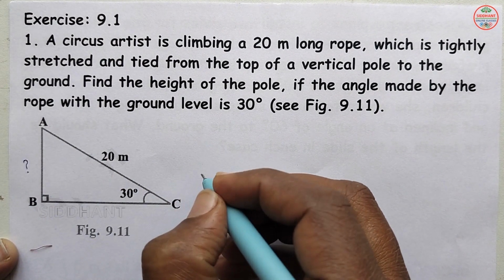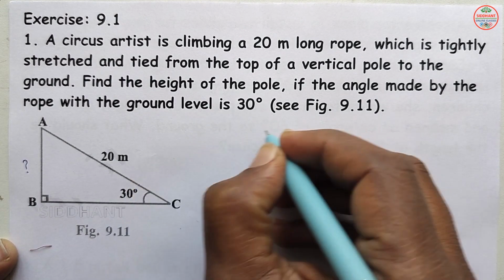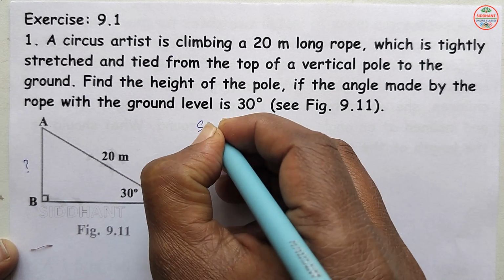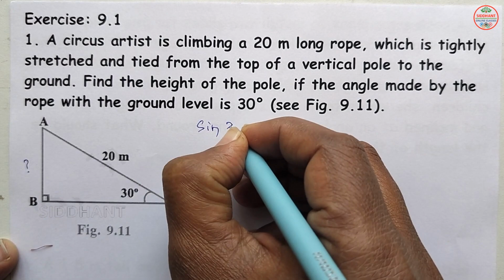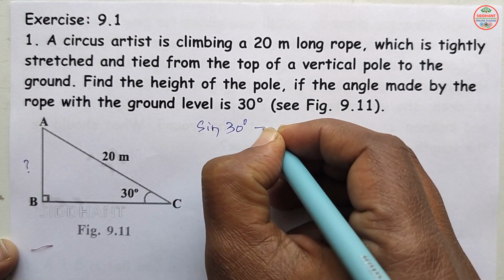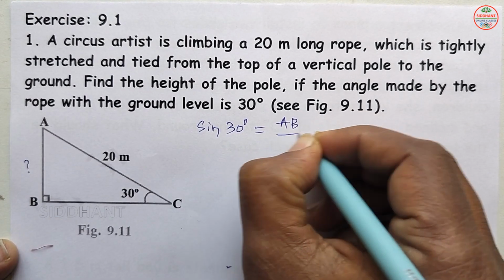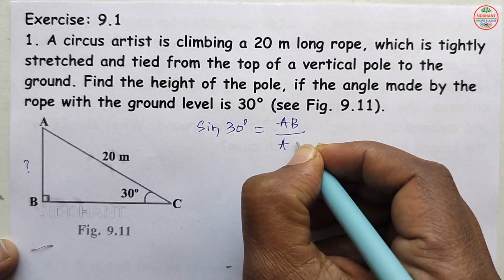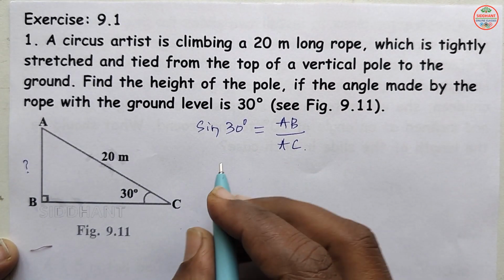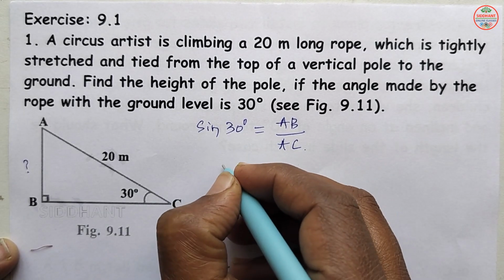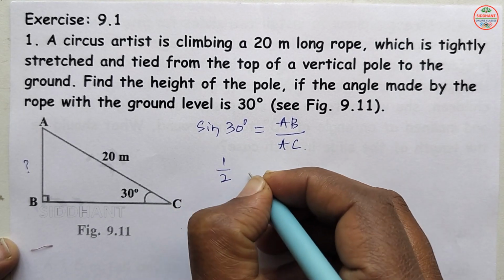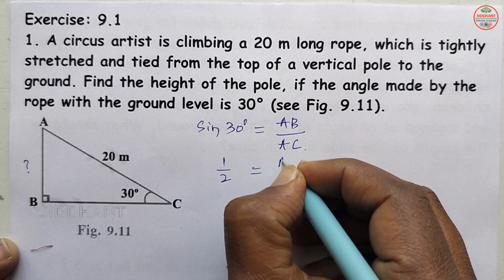So here, sin 30 will be AB by AC. Sin 30 we know is 1 by 2, and AB we are going to find out.